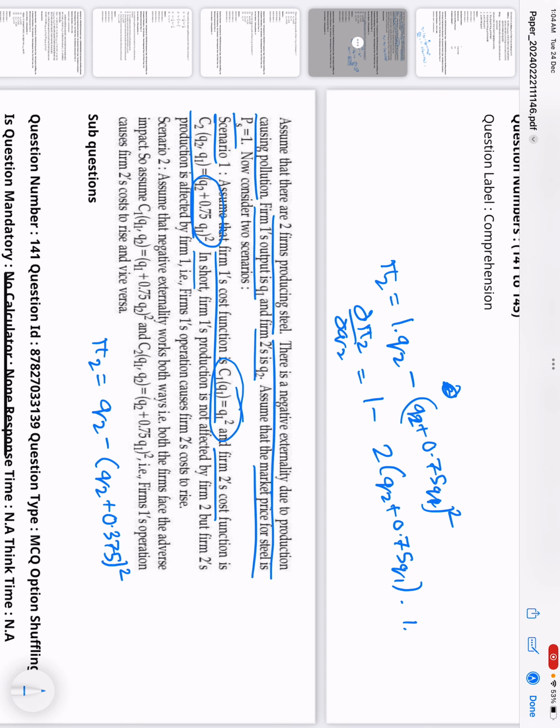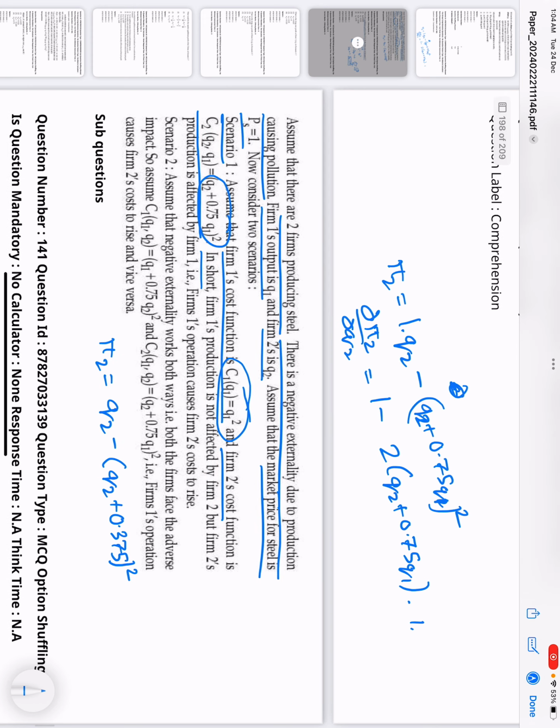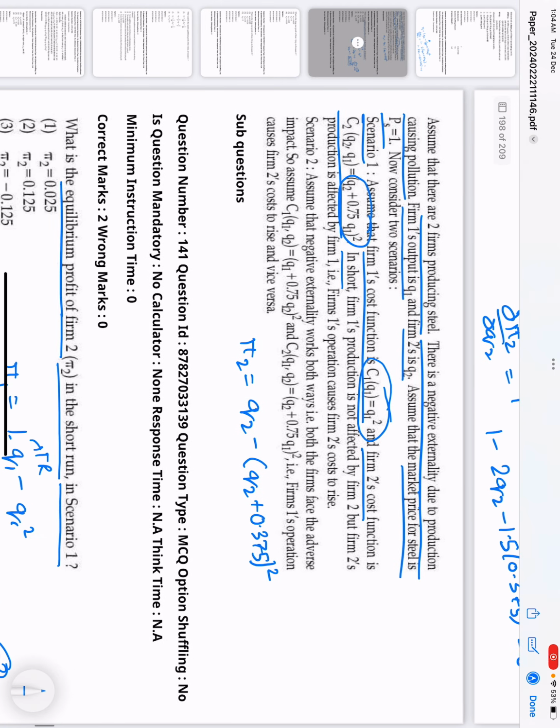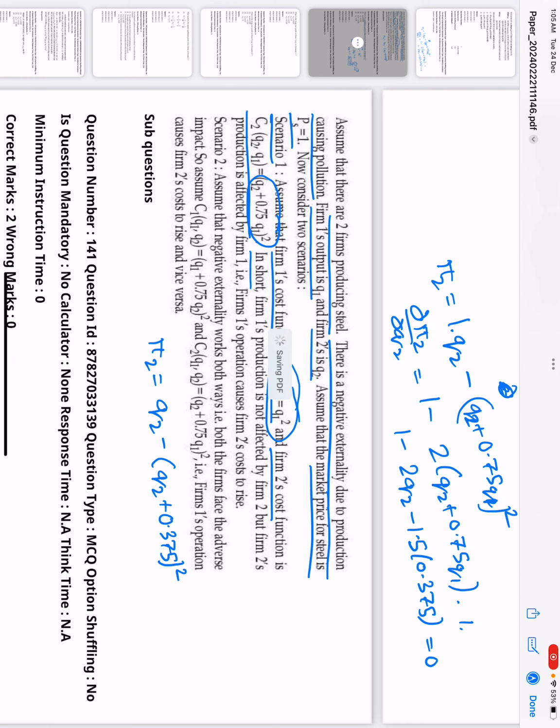And if Q1 is 0.5, we have 1 minus 2 times (Q2 plus 0.375) equals 0. So we have 1.5 into 0.375 equals 0.5625, minus 1 divided by 2. So if you solve it, you'll get Q2 as 0.218.